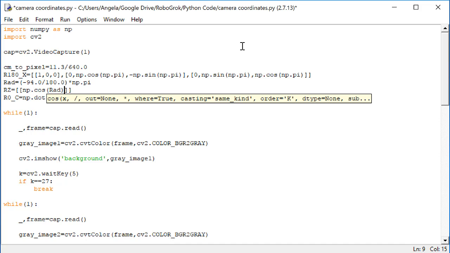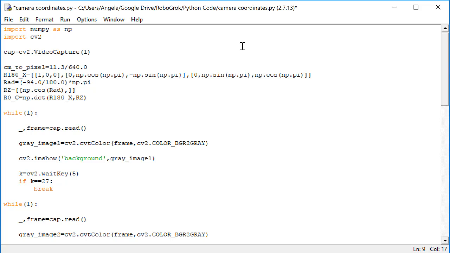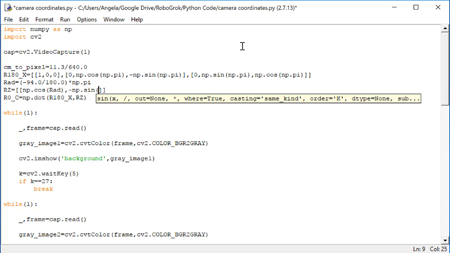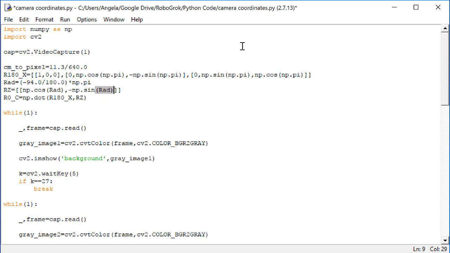The first row is cosine, negative sine, 0.